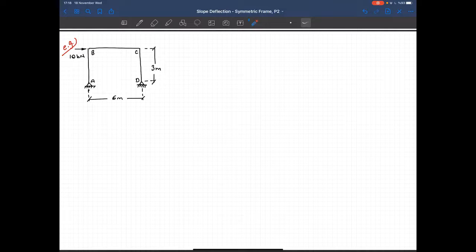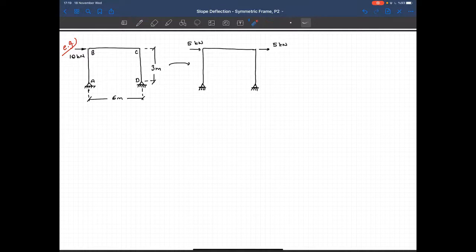This is a symmetric structure but the lateral loading doesn't look symmetrical, so the first thing I will do is redraw the same structure. Since this is an axially rigid frame, drawing that 10 kilonewton load like this or like this doesn't matter; it will give the same result.